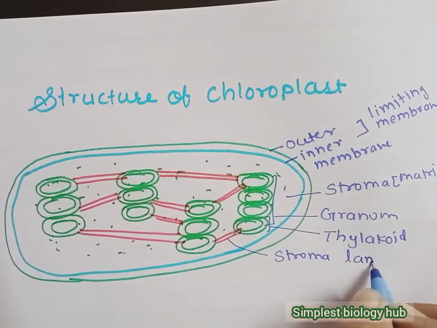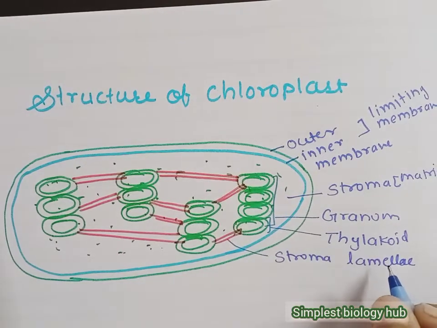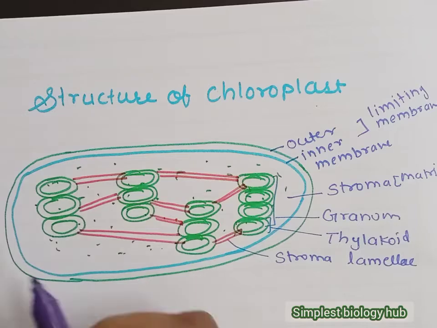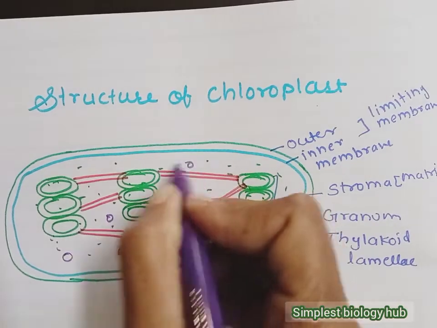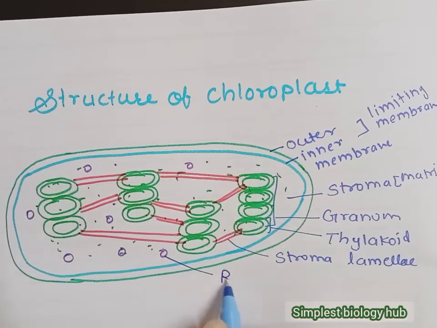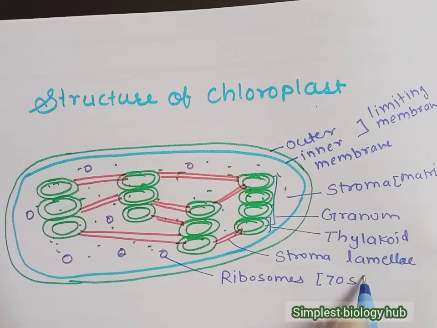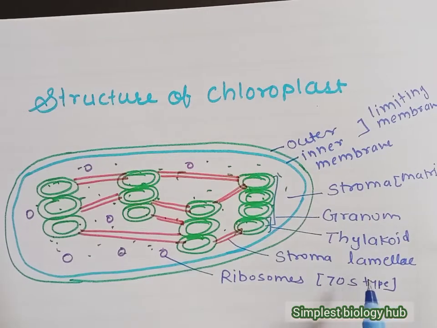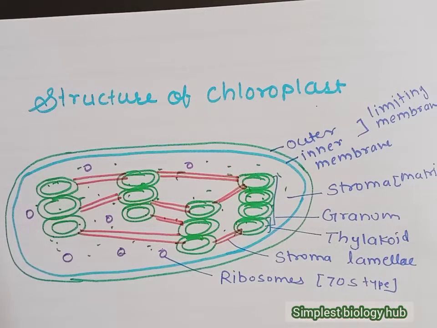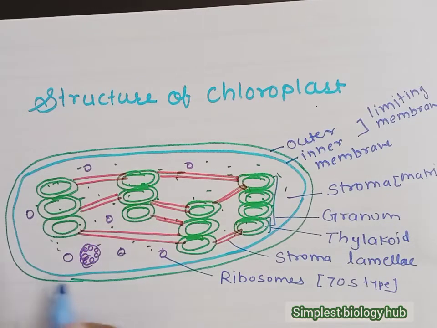The number of thylakoids in a stack is about 10 to 100. I am drawing only 3 here, but they are very numerous. Ribosomes are present here, of the 70S type. These stacks are combined with each other by a thread-like structure that we call stroma lamellae, where circular DNA is present.